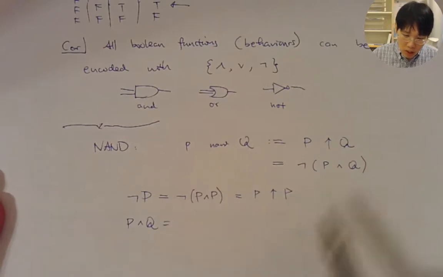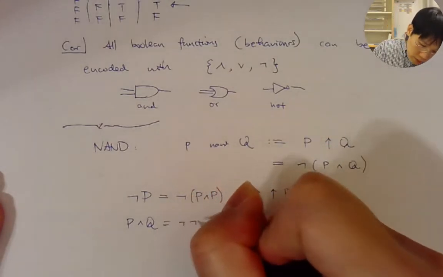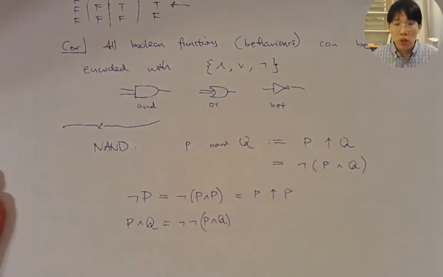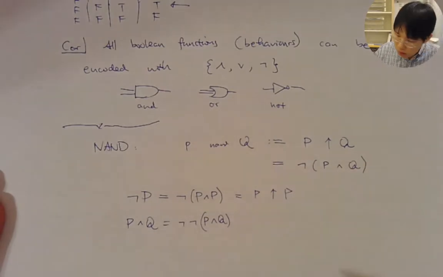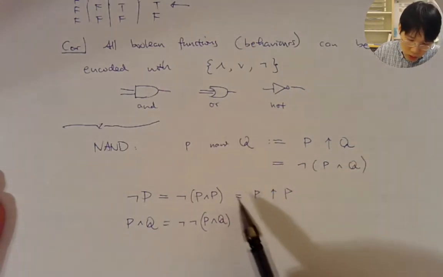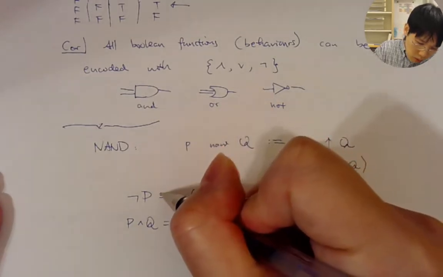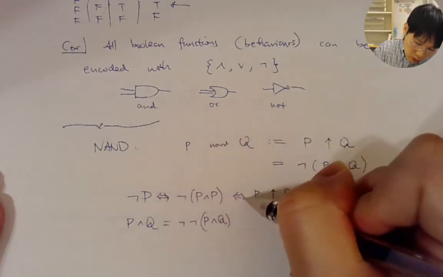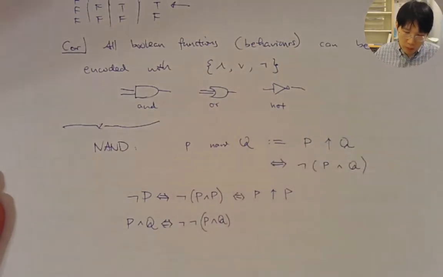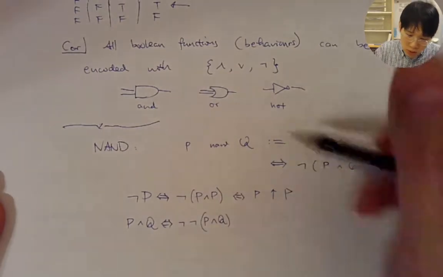Similarly, if you wanted P and Q, let's see. I think I can negate it twice. So double negation, you know that is the same as before. In terms of equals, we've been writing double arrows, so I better do that. Here I'm defining notation.